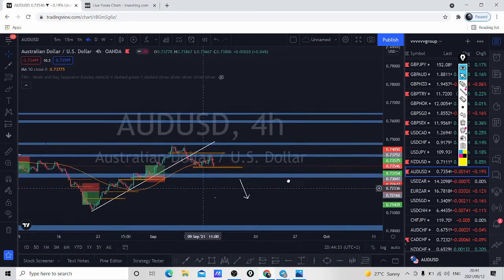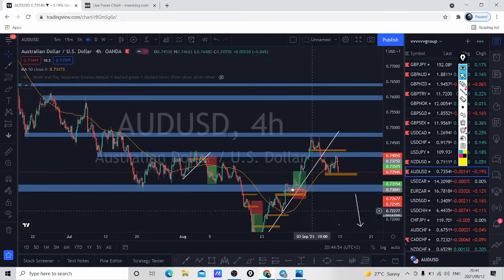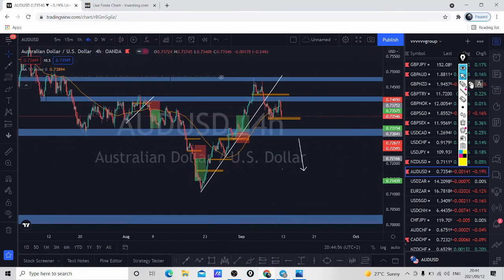And looking at the current market here, we've been buying, and then I've drawn this nice trend line to the upside, and then the trend line was broken. Retest, and then now continuation for a sell. Okay, so I'll just wait here until I get a nice pattern for a sell.